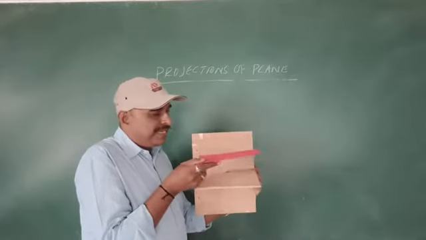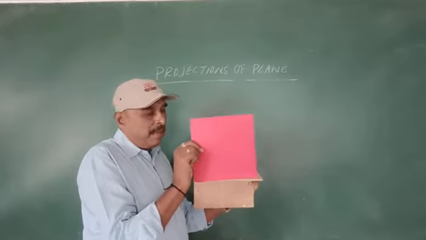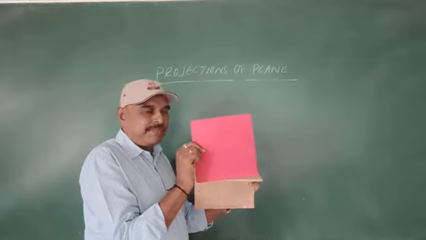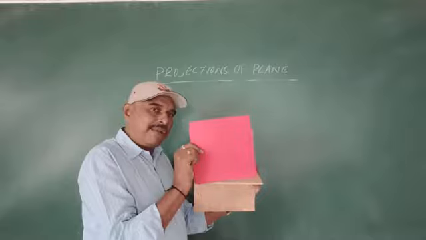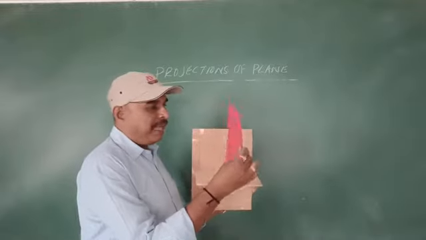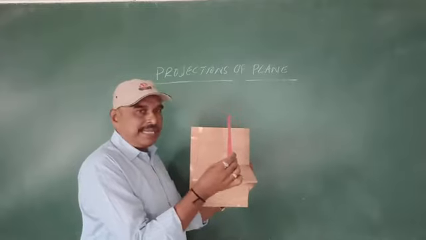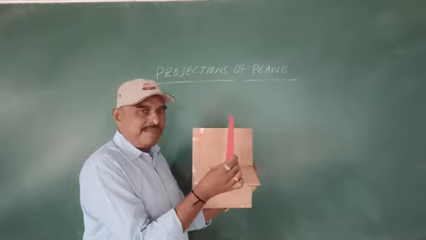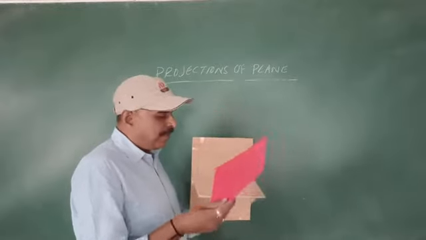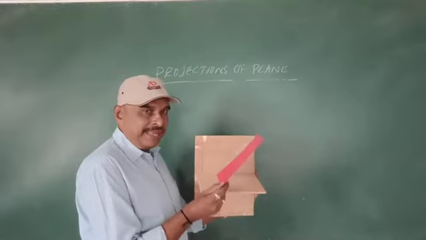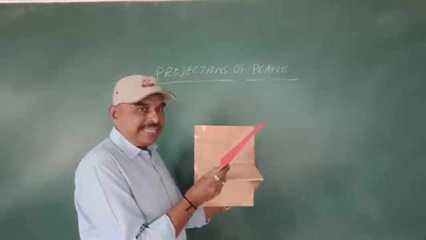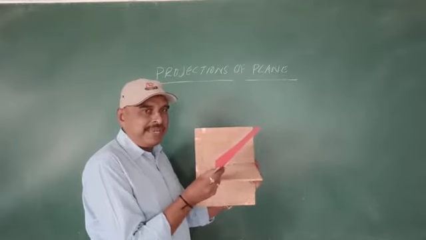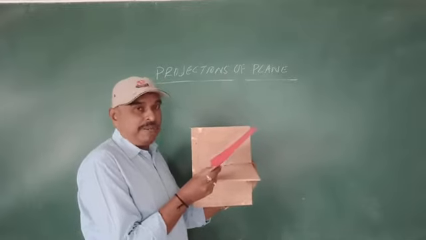Another position is the surface parallel to VP and perpendicular to HP. When it is parallel to one plane, automatically it is perpendicular to the other plane. That is the second position. If the plane surface is like this, it is perpendicular to both HP and VP. That is also one position. Another position is where the plane surface has some inclination with the HP, that is, inclined to HP and perpendicular to VP.